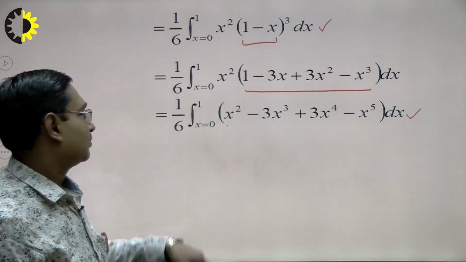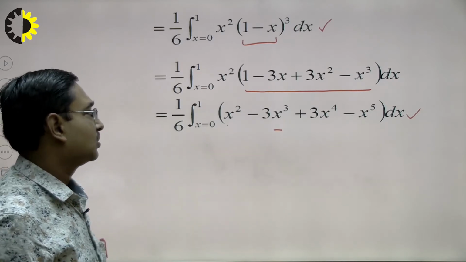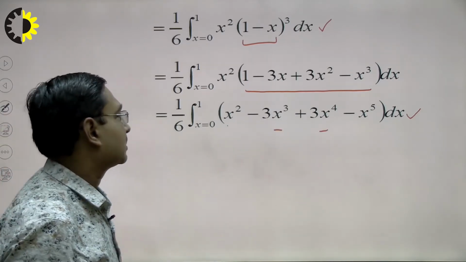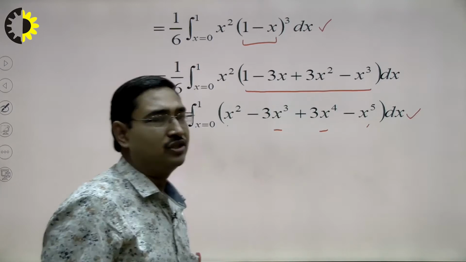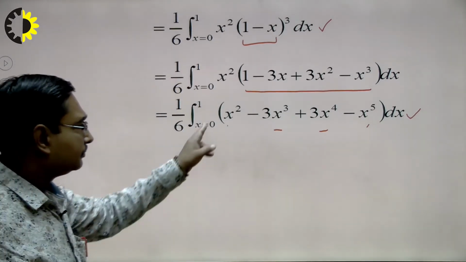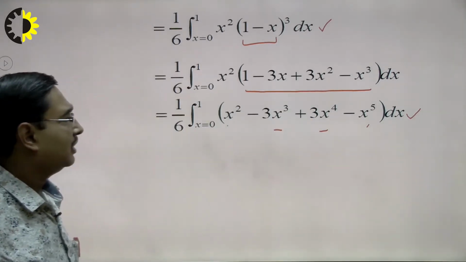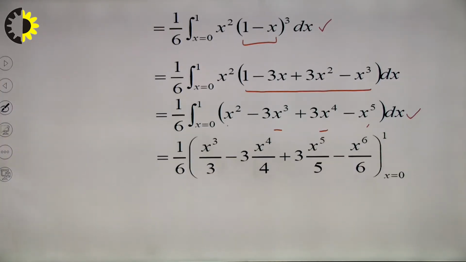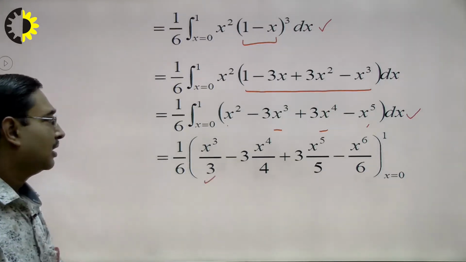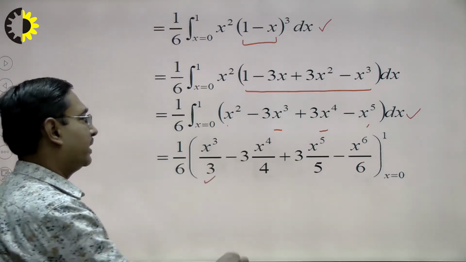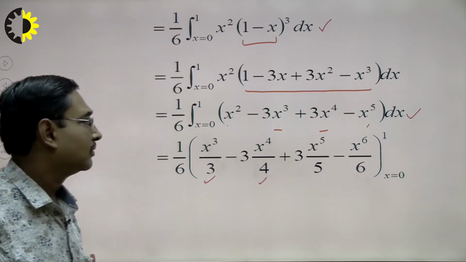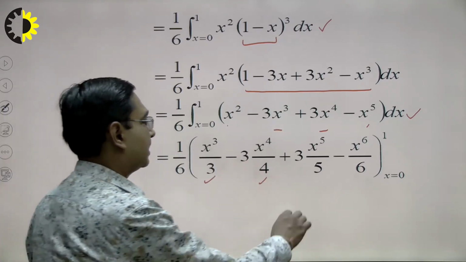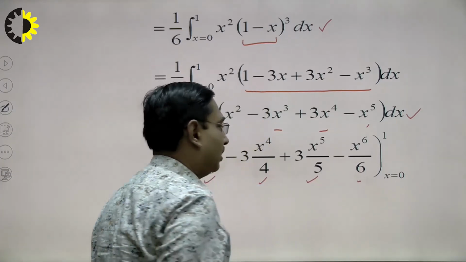It becomes x square, it becomes 3x cube, it becomes 3x4, it becomes x raised to the power 5. Now, each of the terms can be integrated using the formula for x raised to the power n. Integration of x square becomes x cube upon 3. Integration of x cube becomes x4 upon 4. Integration of x4 becomes x5 upon 5, and so on.